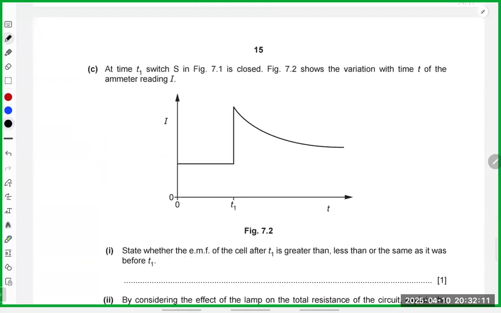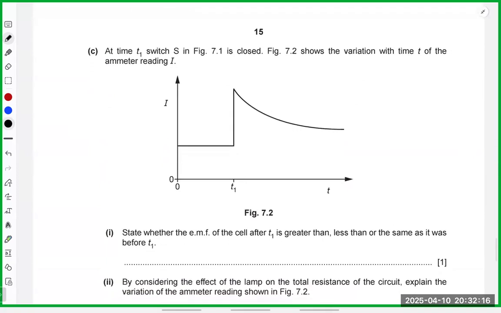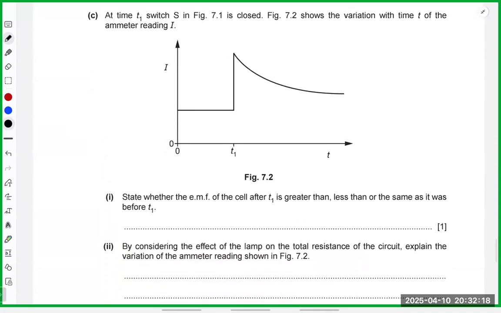At time T the switch is closed. The graph shows the variation with time t for the ammeter reading. State whether the EMF of the cell after T1 is greater, less, or same. EMF does not depend on anything which is happening in the external circuit.